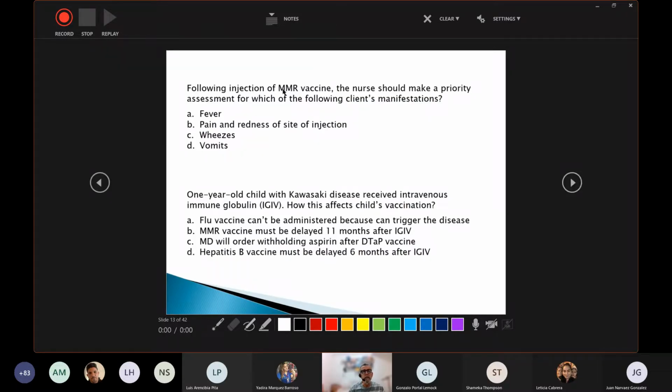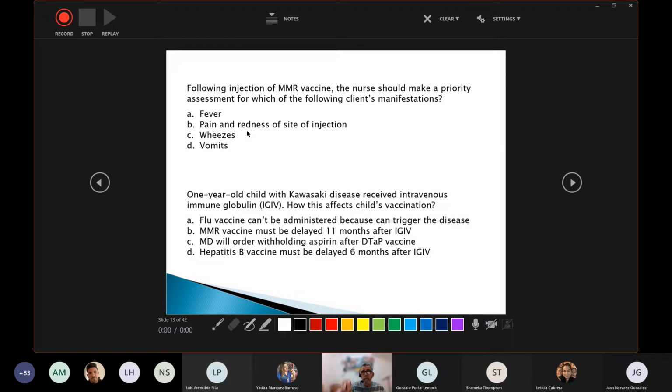Following injection of MMR vaccine, the nurse should make priority assessment for which of the following client manifestations: fever, pain, and redness at the injection site, wheezes, or vomit. What do you think? Wheezes. It's just to highlight that any vaccine, any tablet, any shot, any food could produce allergy in some people.